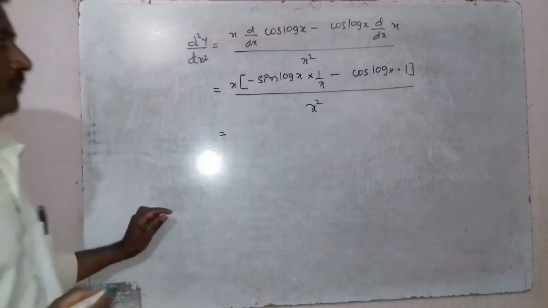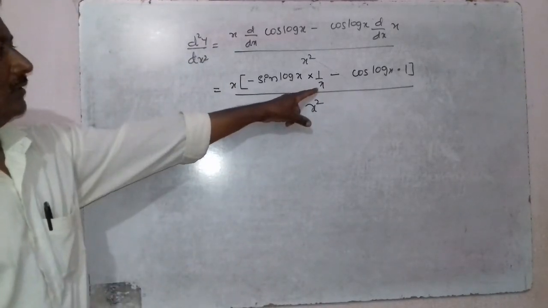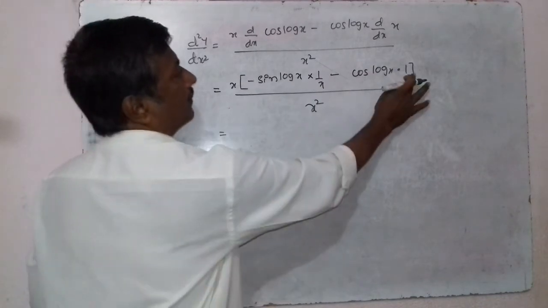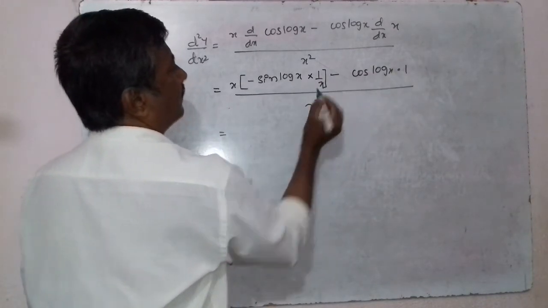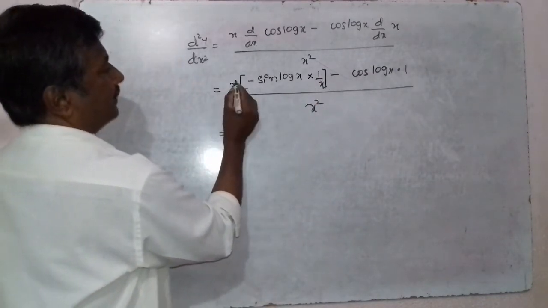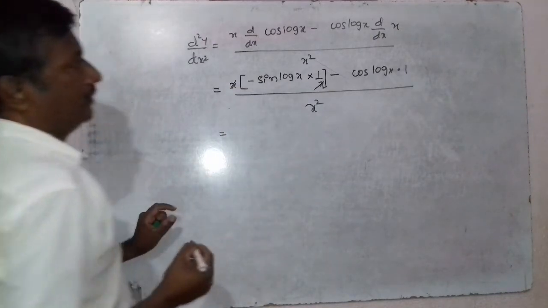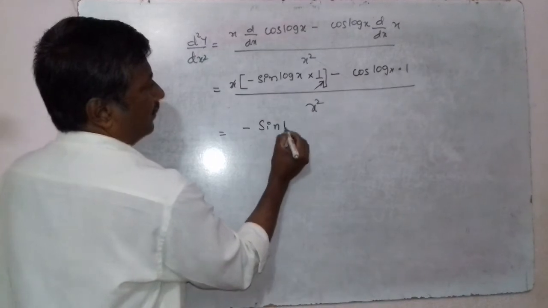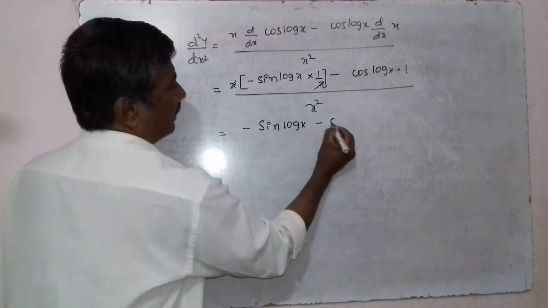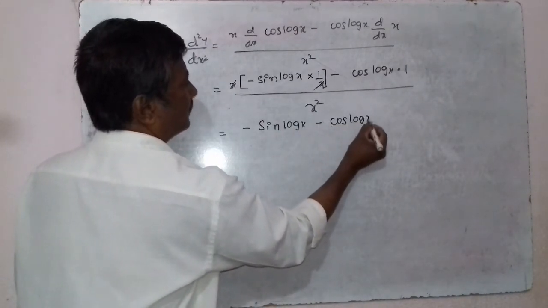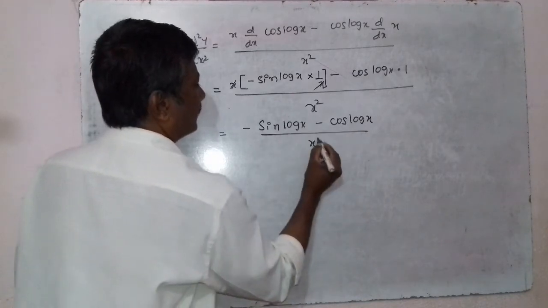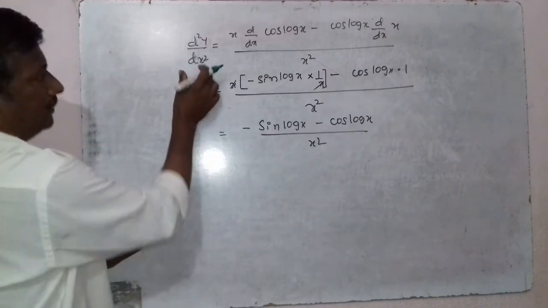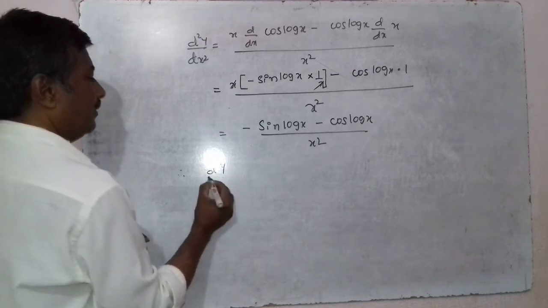This equals, x and x get cancelled here, therefore minus sine log x minus cos log x divided by x square.